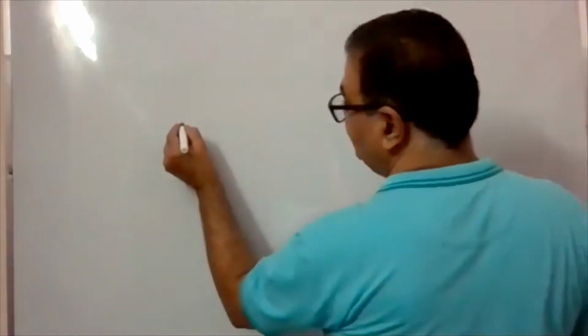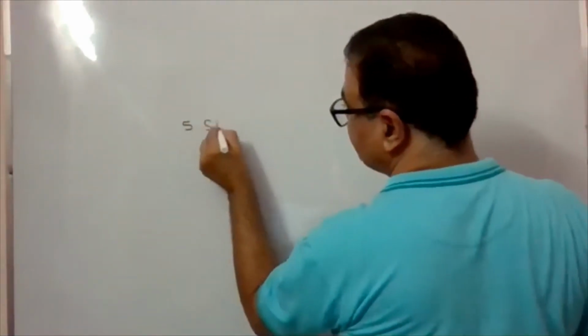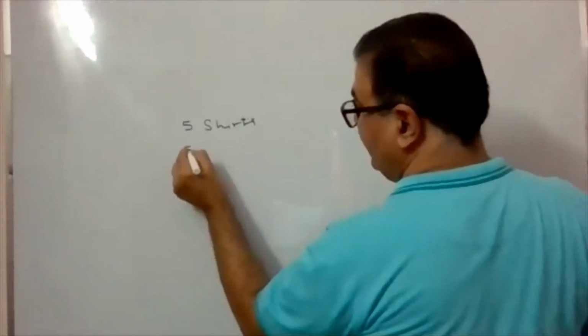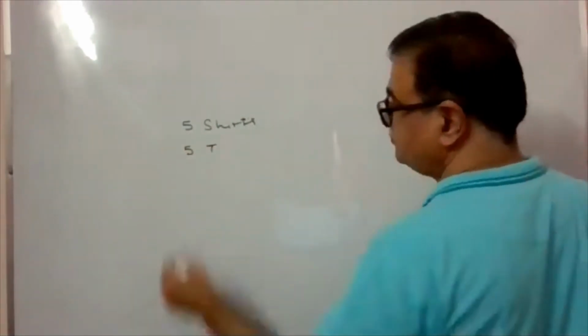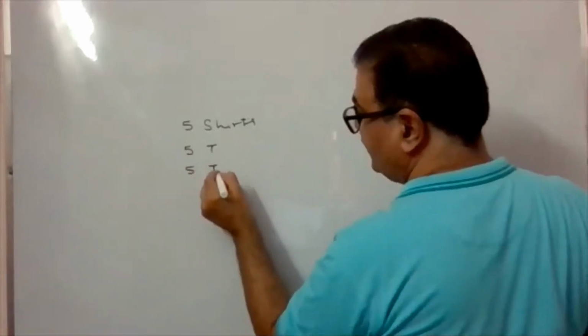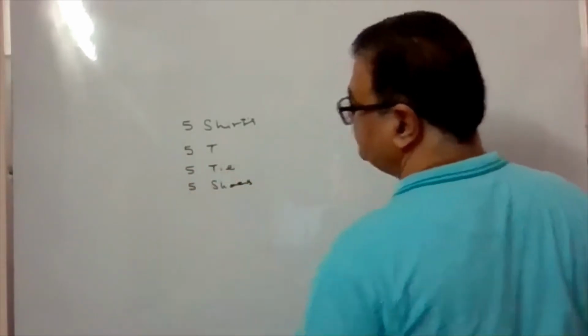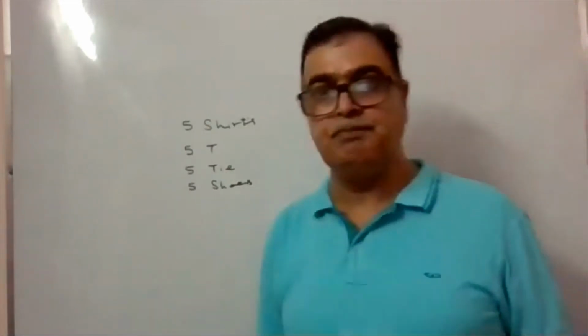For example, if I have 5 shirts, 5 trousers, 5 ties, 5 pairs of shoes.